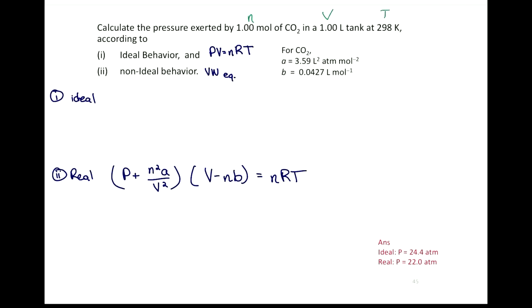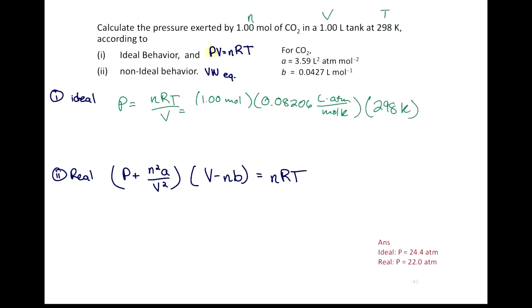Here we're calculating for pressure. The first one's fairly easy. We're just plugging those values into the ideal gas law, PV equals nRT, solving for P. So pressure equals nRT over V, which is 1.00 moles times R, 0.08206 liter atm per mole Kelvin, times temperature 298 Kelvin, over volume of 1 liter.